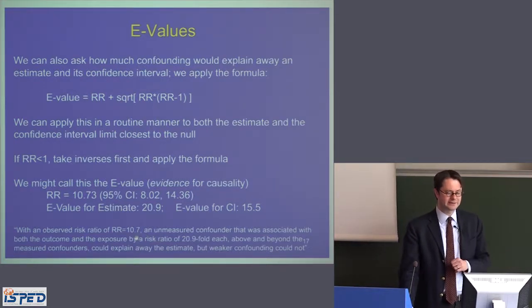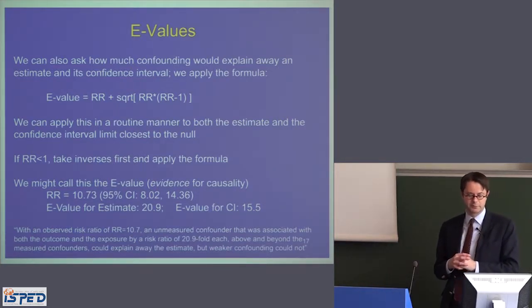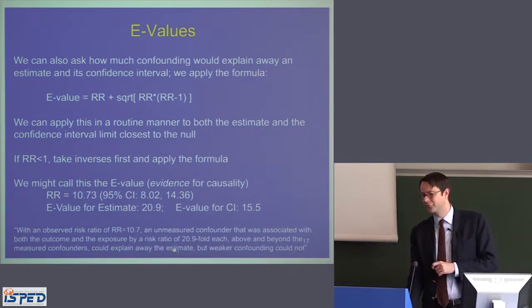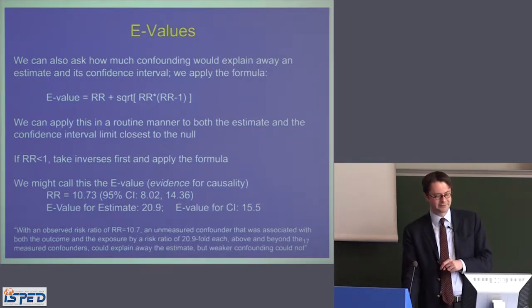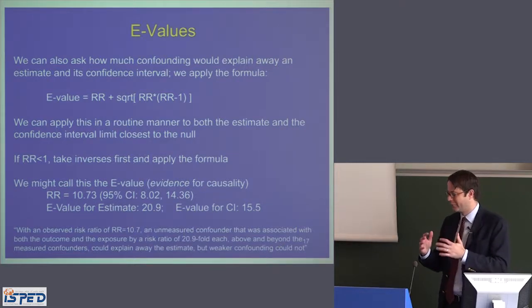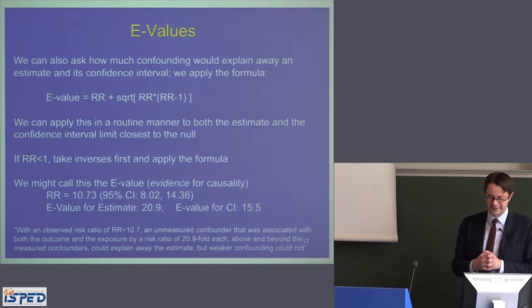So we could then make statements like, with an observed risk ratio of 10.7, an unmeasured confounder that was associated with both the outcome and the exposure by a risk ratio of 20.9-fold each, above and beyond the measured confounders, could explain away the estimate, but weaker confounding could not. So we really need very substantial confounding to explain away that smoking lung cancer association.